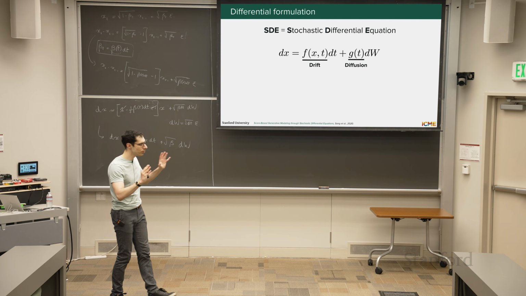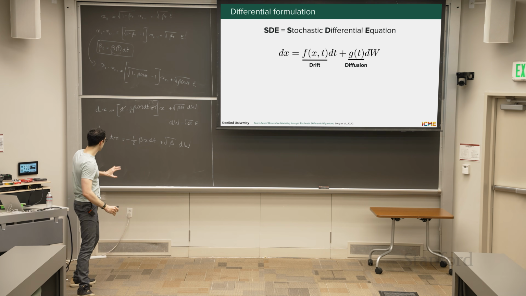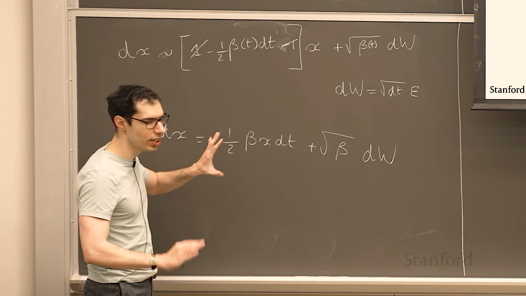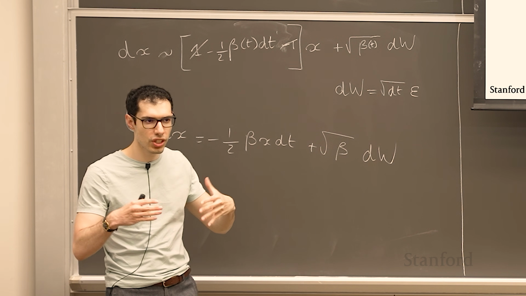So these two terms have very specific names. So one is called the drift. So this quantity is called the drift, so it's deterministic. And this one is called the diffusion, which is what is stochastic.